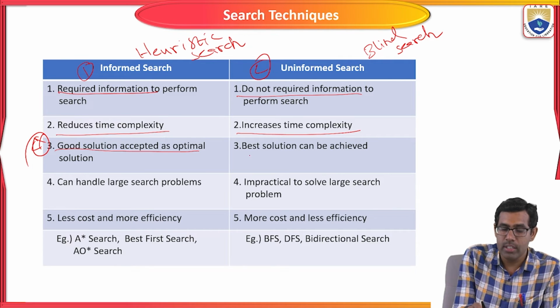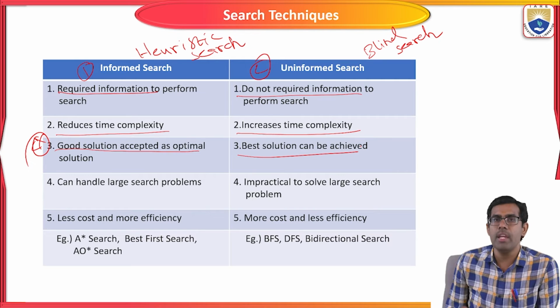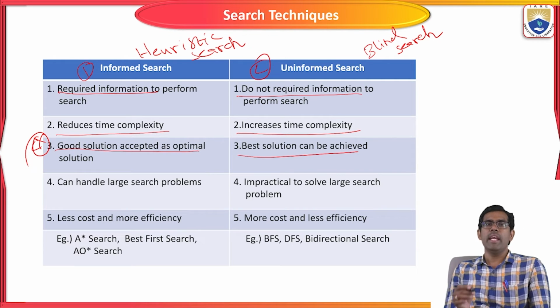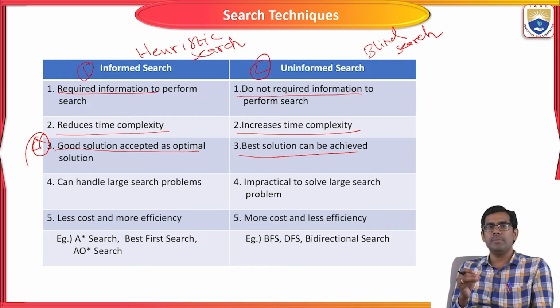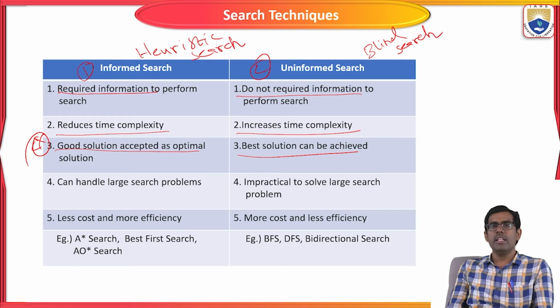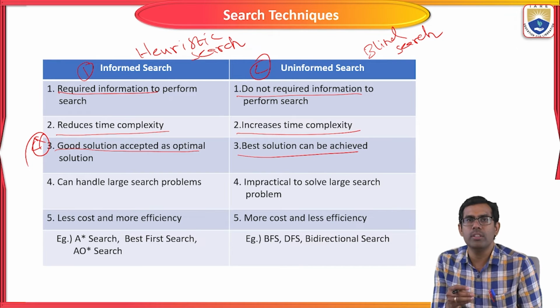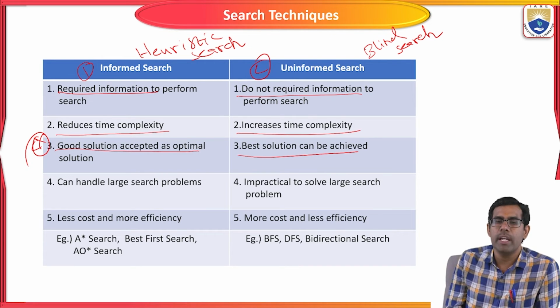The third point: in uninformed search the best solution can be achieved. The guarantee is there that it will give the exact solution, a very accurate solution for the particular problem statement.